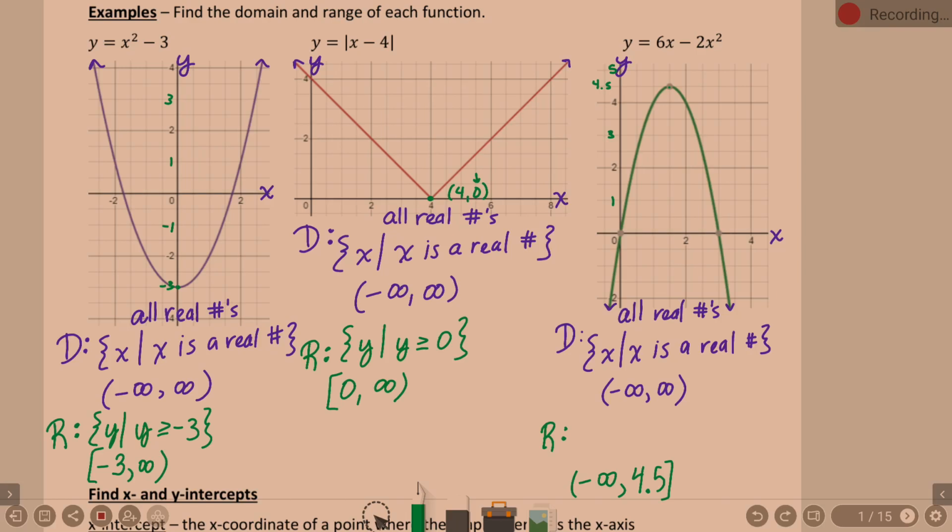Now, fancy notation. Just to get you guys used to it, I'm going to put the brace, y, the bar that says such that, and then here's the part that you have to be able to write. Y less than or equal to 4.5. Okay?